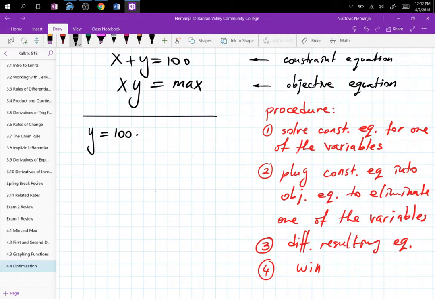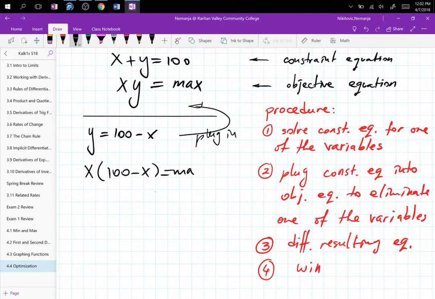Cool. All right, step number one done. Step number two says plug the constraint equation into the objective equation to eliminate one of the variables. That just says plug in. Well, great. That's x times 100 minus x equals the max. That's 100x minus x squared equals the max. Great. Step number two done.